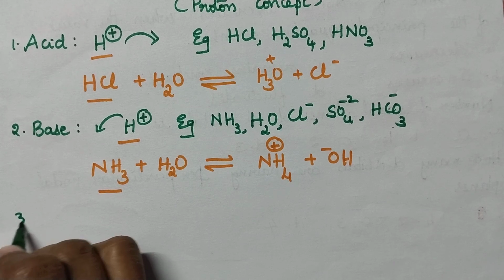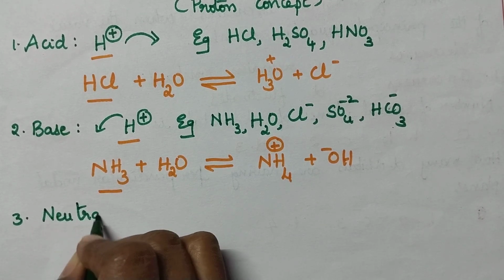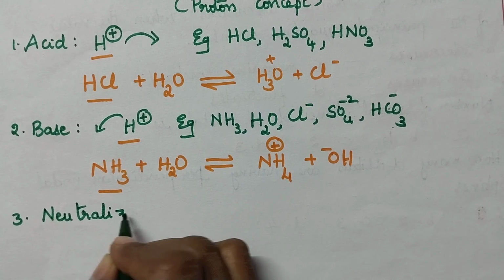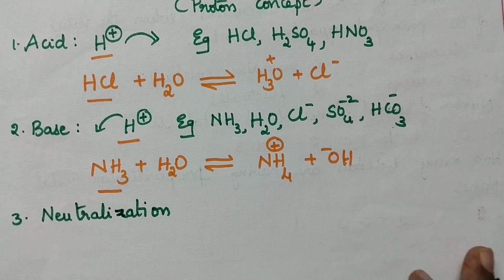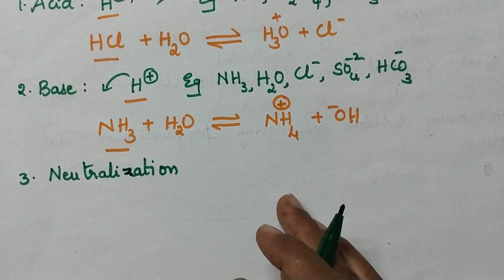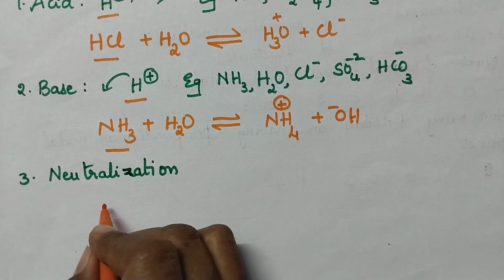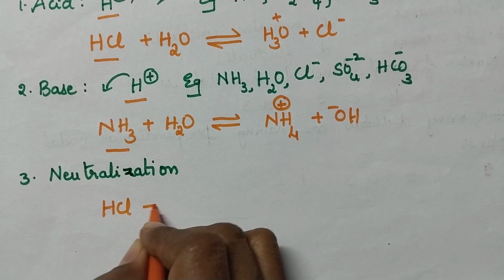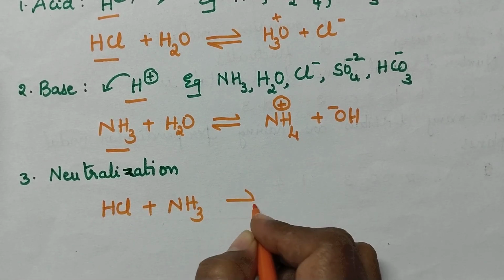Coming to the neutralization reaction. A neutralization reaction is a reaction which involves the transfer of a proton from an acid to a base. Let us see one best example. Whenever HCl is treated with ammonia, what happens?